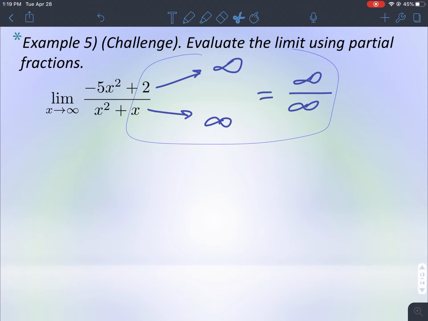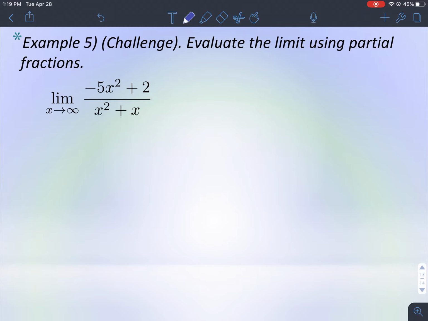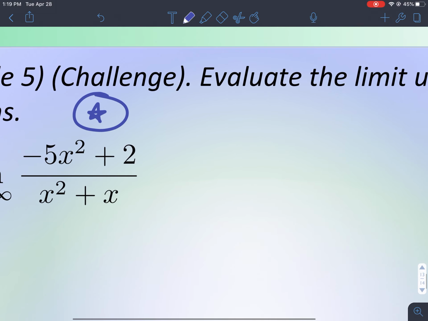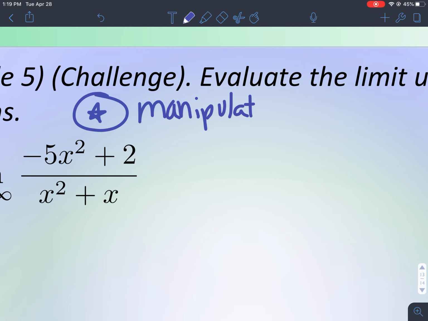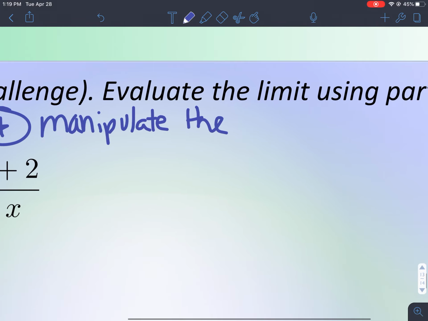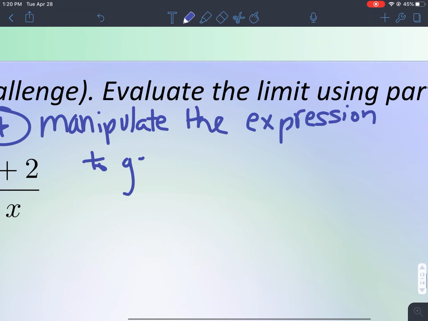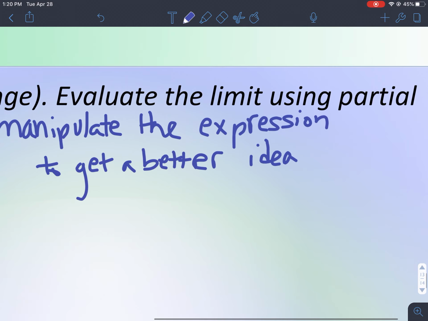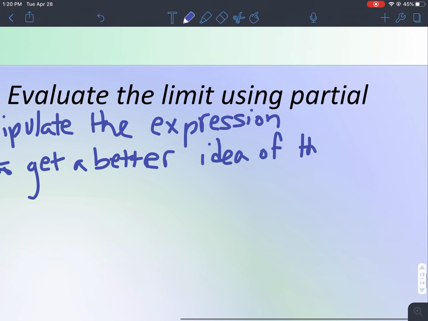Therefore, we need to somehow manipulate the function, we're going to say manipulate the expression, to get a better idea of the end behavior.